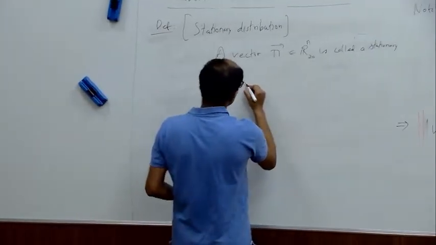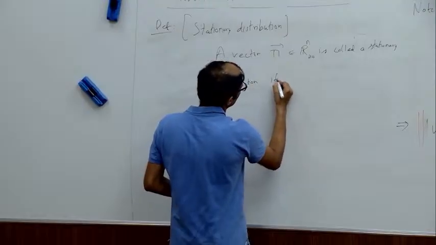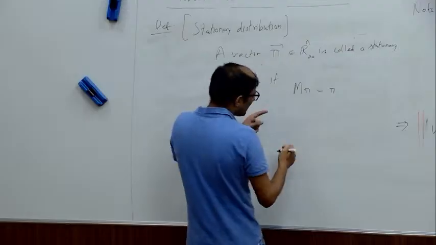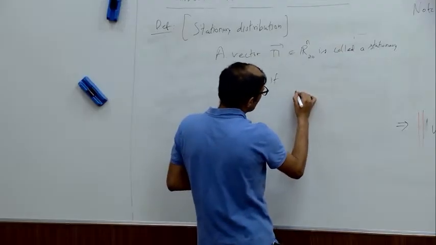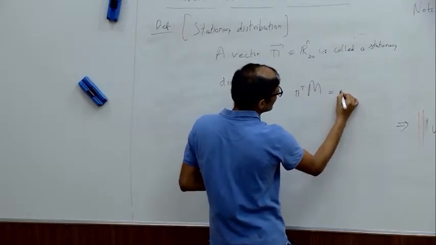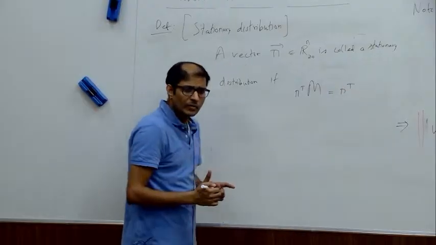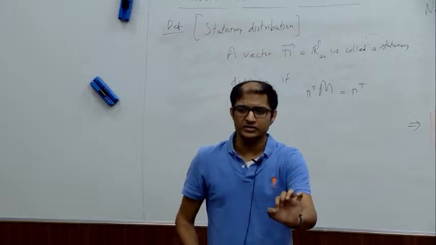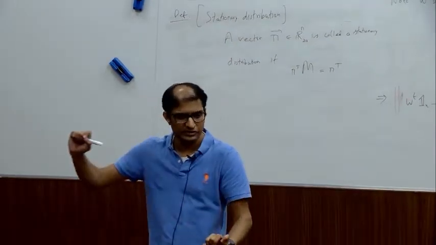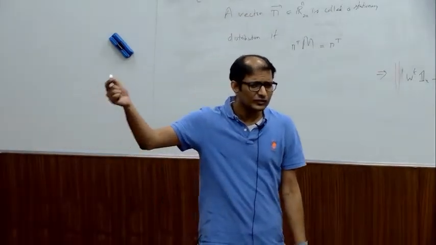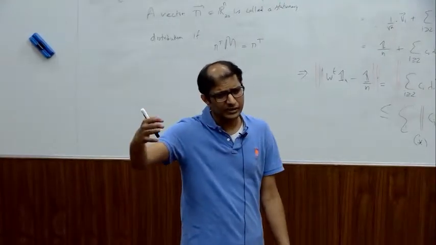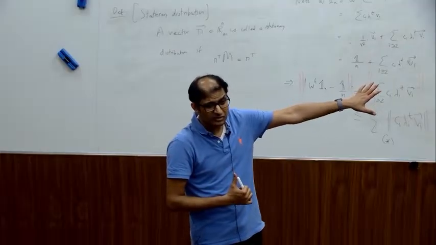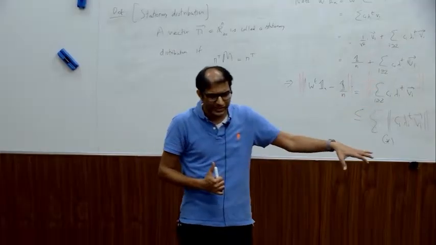It's called a stationary distribution if M times pi equals pi. Or if I'm being more careful, I will write pi transposed M equals pi transposed. So typically you should talk about a stationary distribution, not the stationary distribution. But there are a lot of situations, under very simple assumptions, in which the stationary distribution is in fact unique. So pretty much in the situation we considered, the stationary distribution was unique.